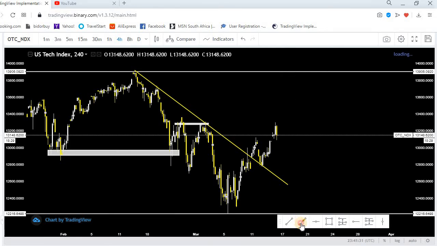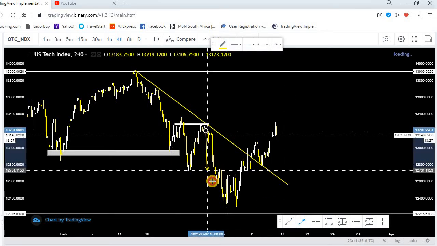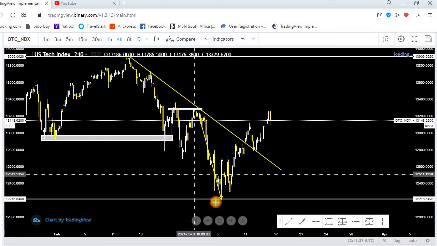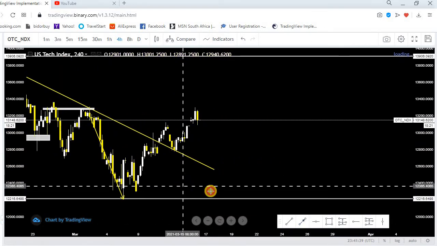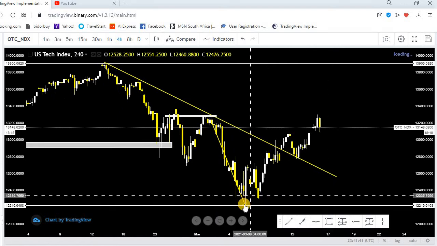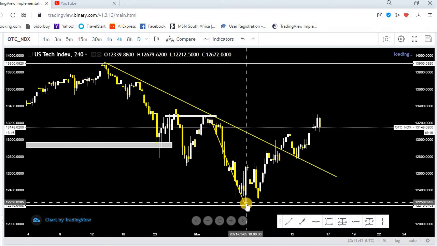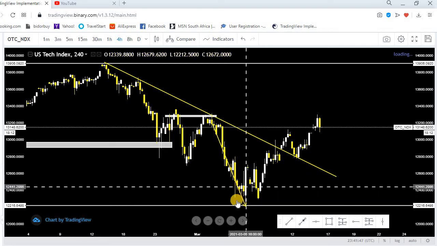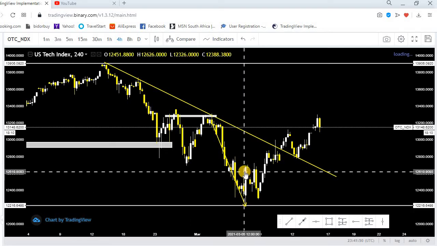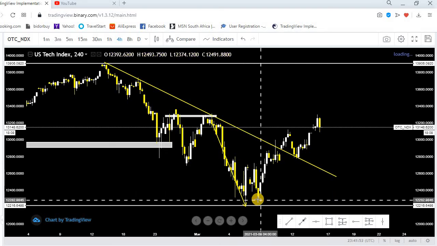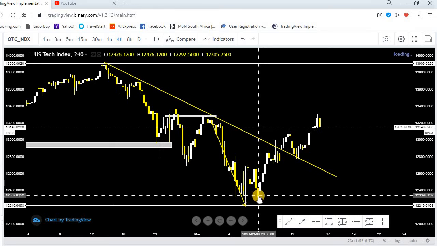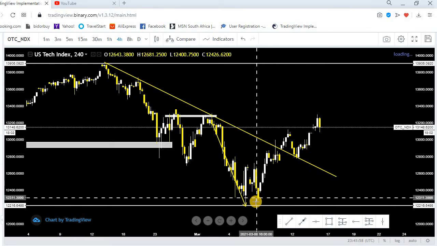It dropped from there, came here, and created our first leg. First leg is referring to this candle here. It went up, came down, forming a W formation, which means it's about to change its direction.